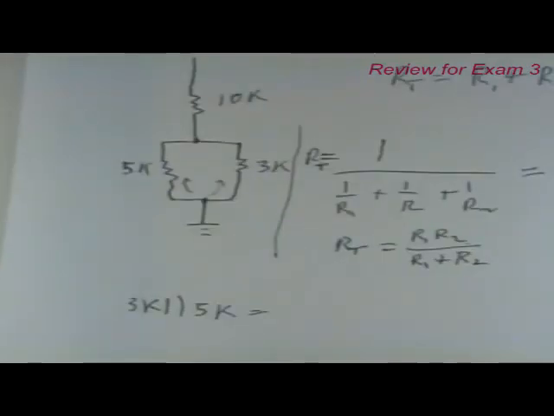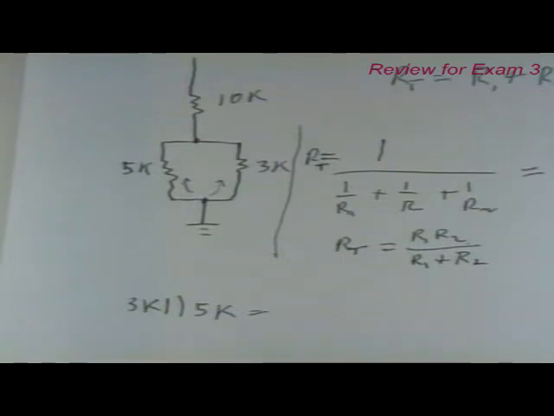So I put in 3, then double E in this case on this calculator, double E, 3, reciprocal, plus 5, double E, 3, equals, and then I hit the reciprocal again.